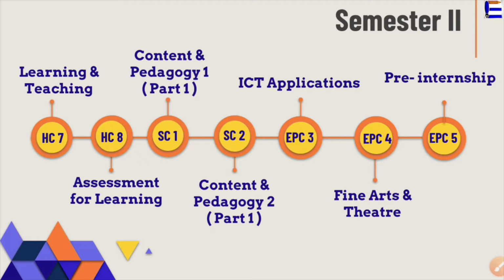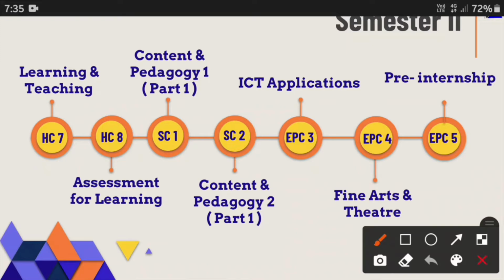So, in the second semester, you have HC7 Learning and Teaching, HC8 Assessment for Learning, Softcore Course 1 Content and Pedagogy 1 Part 1, the Part 2 of which you will be studying in the third semester. Then SC2 Content and Pedagogy 2 Part 1, the Part 2 is in the third semester.